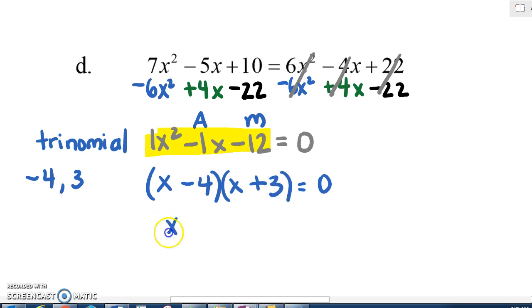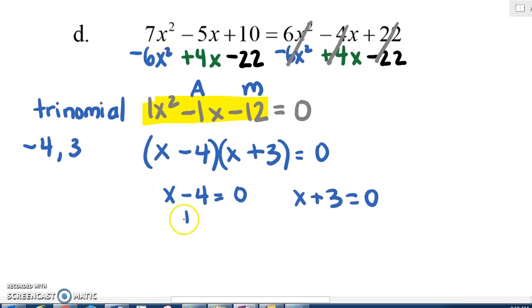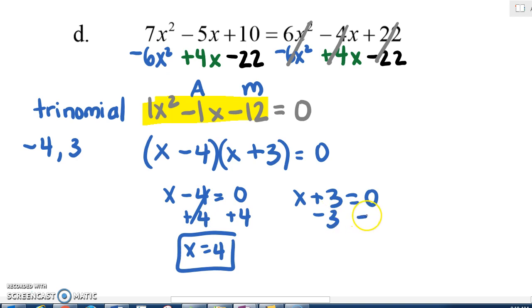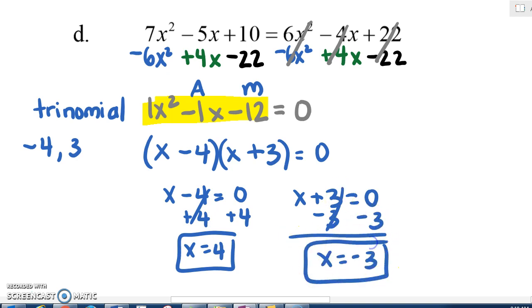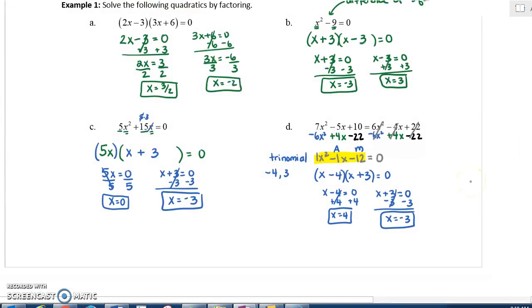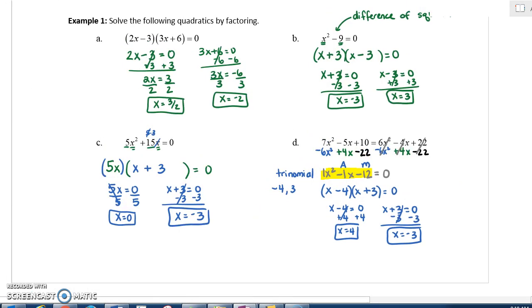Once we've factored, we can set each factor equal to 0 and solve each one of them separately. Add 4 on both sides, and x equals 4, and then subtract 3 on both sides, and x equals negative 3. Awesome job!